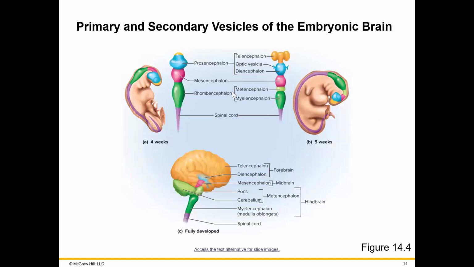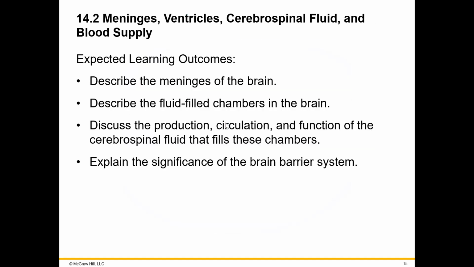So this is your rhomboencephalon, which is made up of metencephalon and myelencephalon, and you have the mesencephalon, that is the middle layer, and you have your prosencephalon, made up of the telencephalon, the optic vesicle, and the diencephalon.